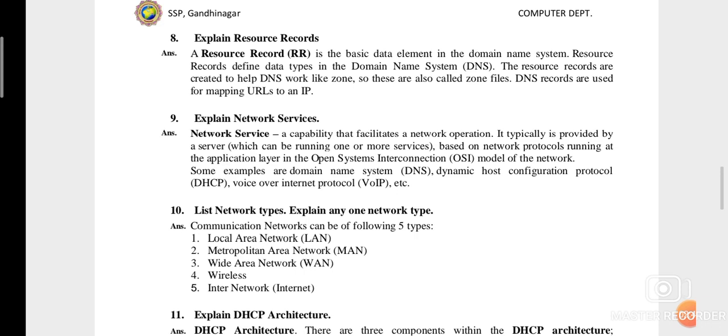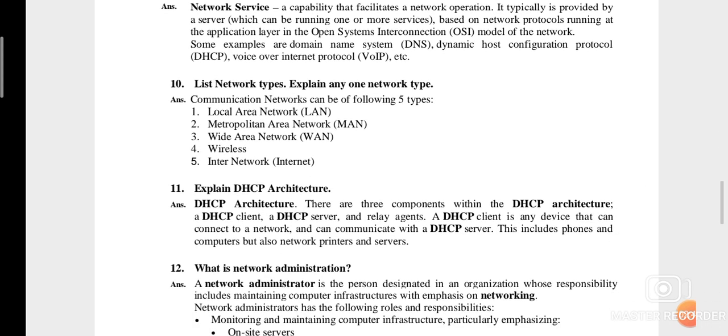Then next question, list network types and explain any one network type. Here there are a total of 5 network types. The communication networks can be of these 5 types: first of all LAN, MAN, WAN, wireless and internet. LAN stands for local area network, MAN stands for metropolitan area network, and WAN stands for wide area network.